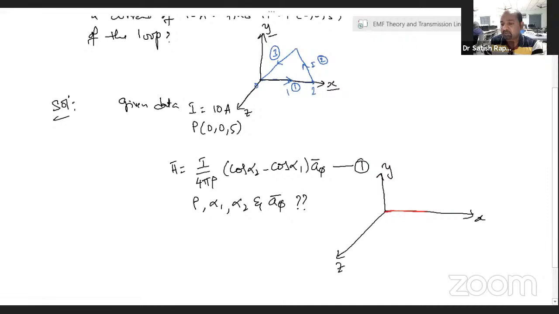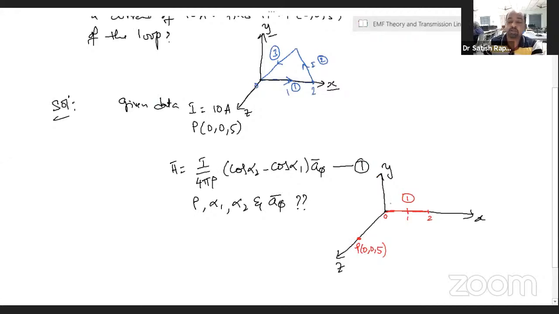The length of side one is 2 units, so this is 0, 1, 2. So this is side one. At this point, 0, 0, 5 on the z-axis, we have to determine the magnetic field.